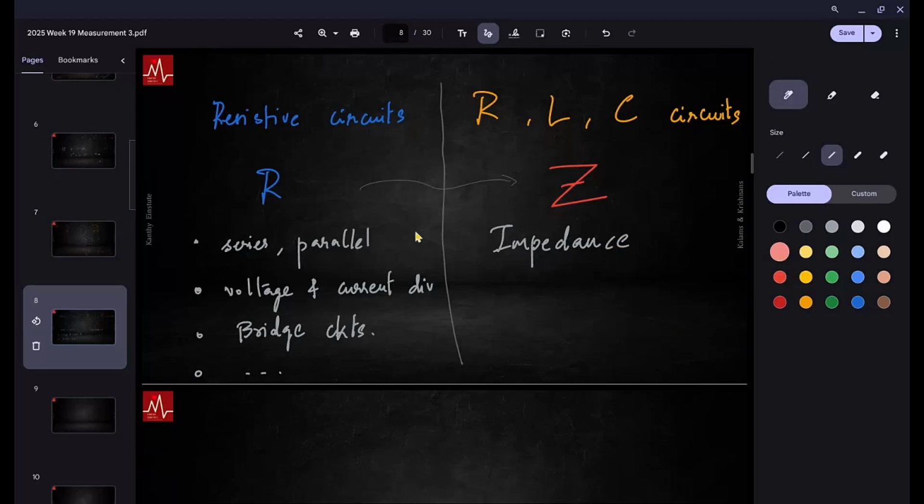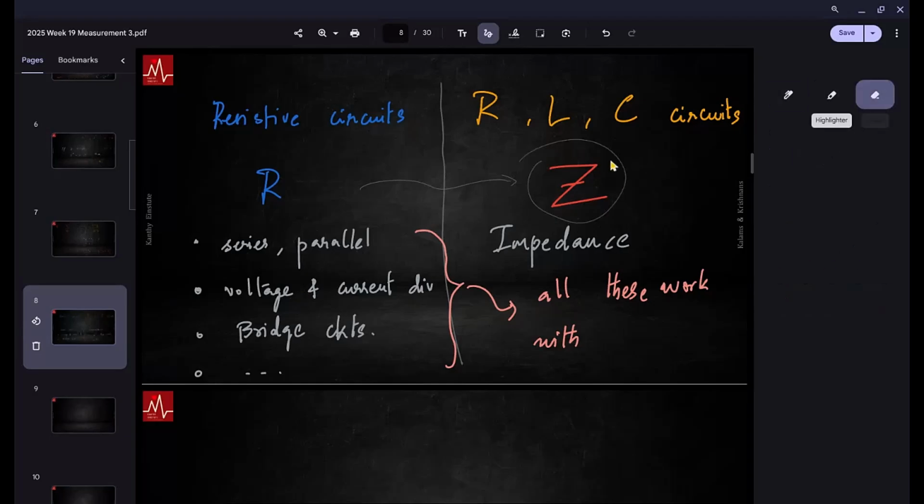Thing is, now in any of this, instead of resistance, if you use impedance in these circuits, you can again do series parallel. This is like a resistor for circuits that have RLC elements. You can do series parallel, voltage division, current division, bridge circuits, all of that can now be handled.